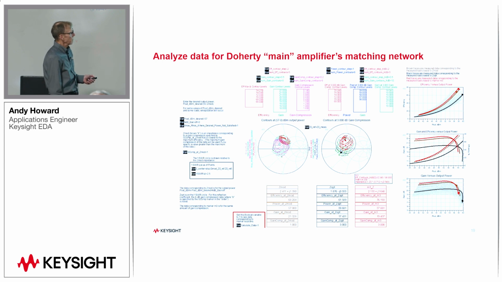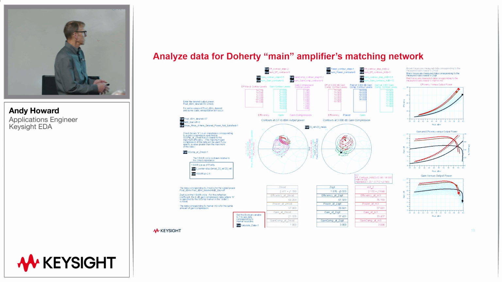And then this is where both devices, both the main and the peaking amplifier, are on, and the main amplifier is now in a higher level of compression. But this data display is meant to help you determine a Z-mod impedance as well as a Z-opt impedance.